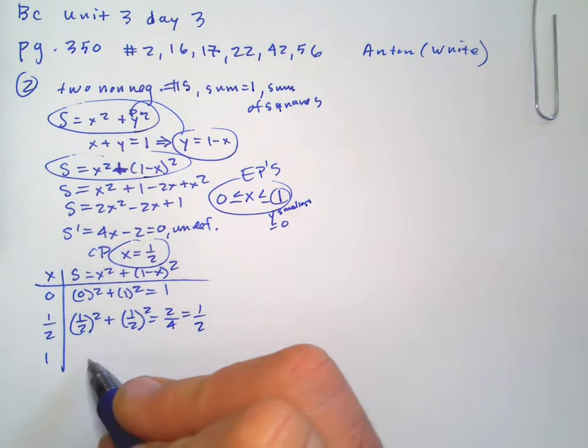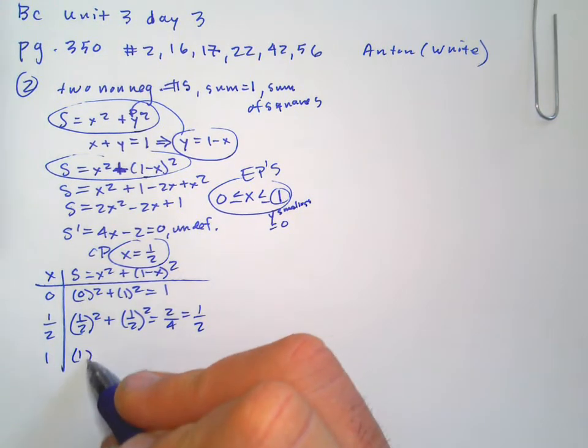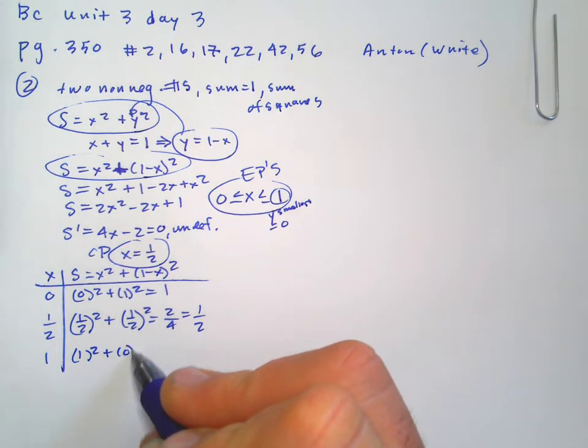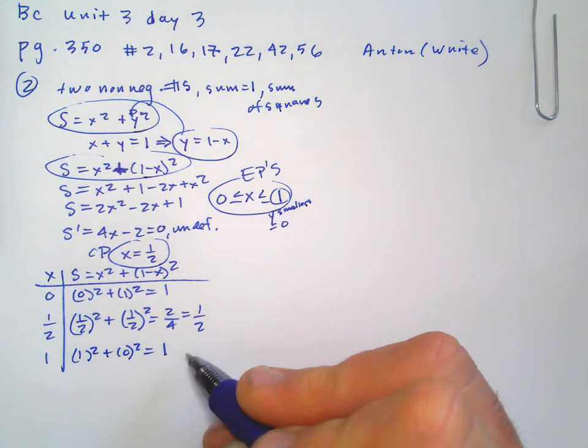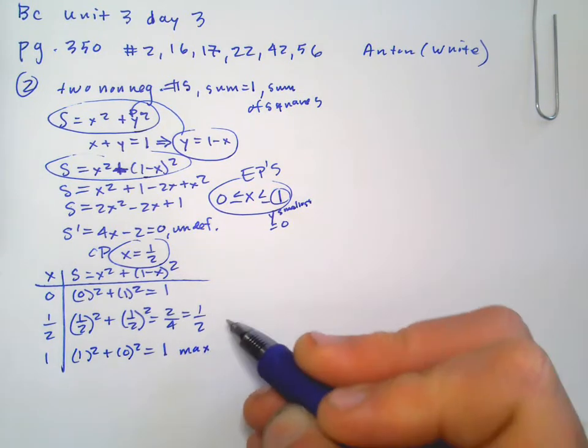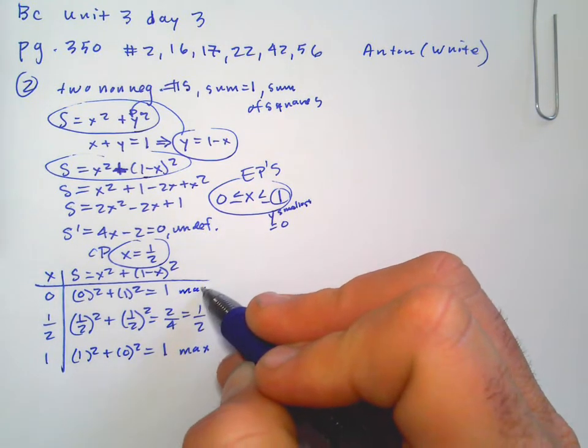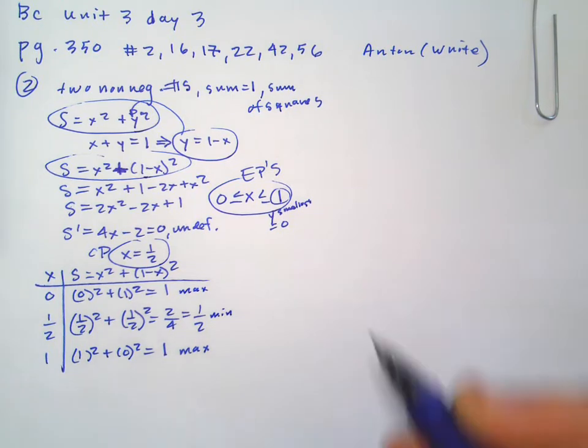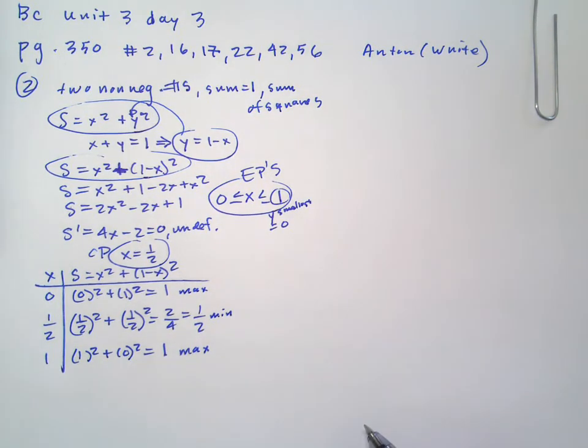And if you plug 1 in, you get 1 squared plus 0 squared equals 1. So here's your max. And here's your min.